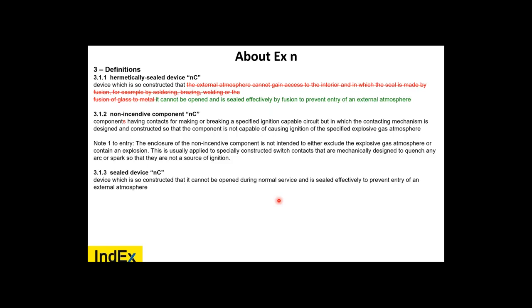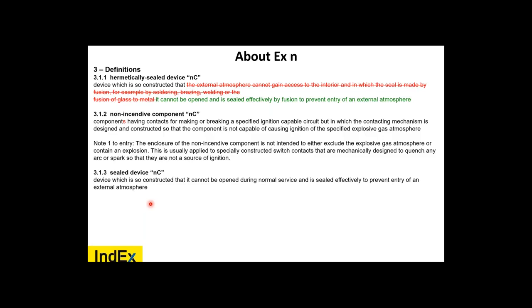This is usually applied to special construction switch contacts, which are mechanically designed to quench an arc or spark so that they are not a source of ignition. This one causes confusion for people, and it will continue to cause confusion. Basically, think of a junction box around the contacts. So it's kind of like EXNC. It's still inside of an EXNA junction box, perhaps, which is now known as EC. It's been made confusing.